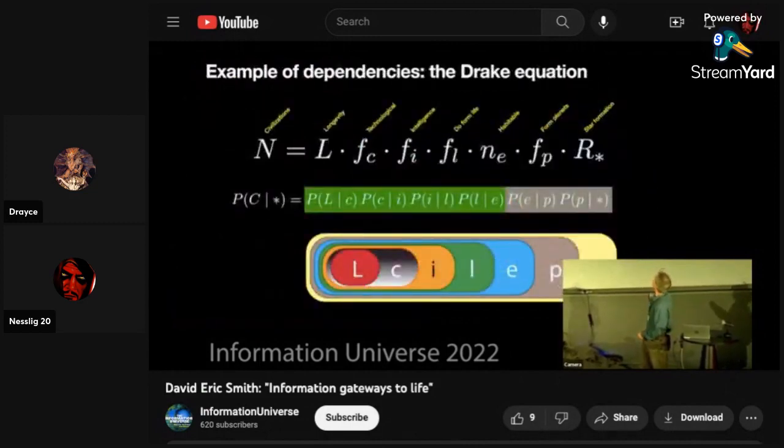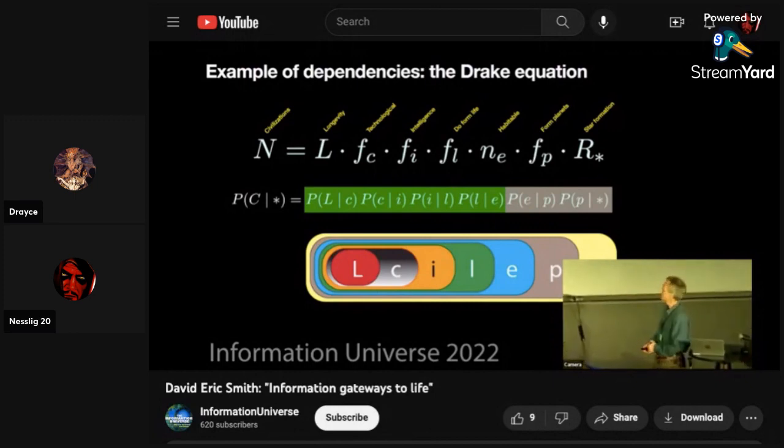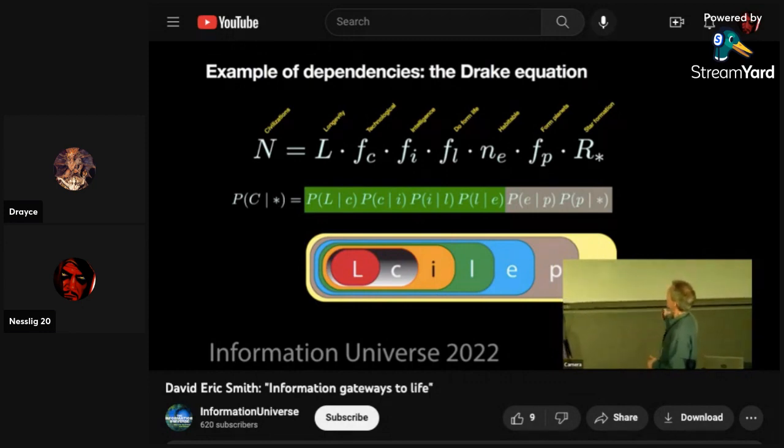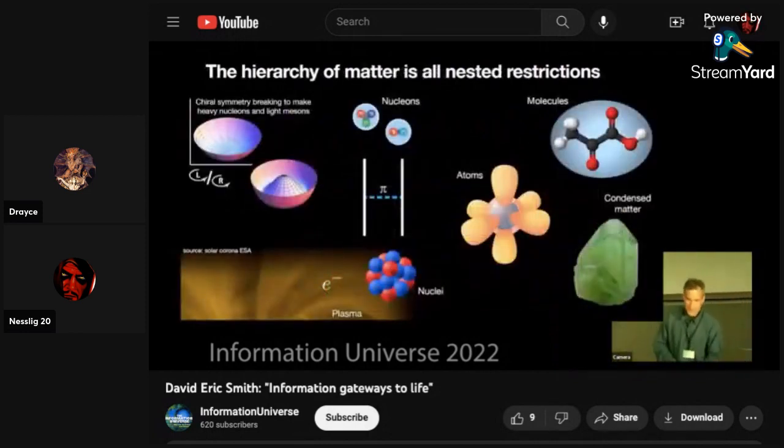So there's a Venn diagram, and that exists because the final condition is actually a joint condition of all of the previous, which means that the number or the probability of finals can be written as a chain of these conditional probabilities. And even if we don't know what the values are, we gain a lot from understanding the containment relation of the Venn diagram. Now, an area where a hierarchy of this kind has been incredibly important to our theory, even as we have had to adjust our understanding of mechanisms, is of course the 20th century theory of the hierarchy of matter.